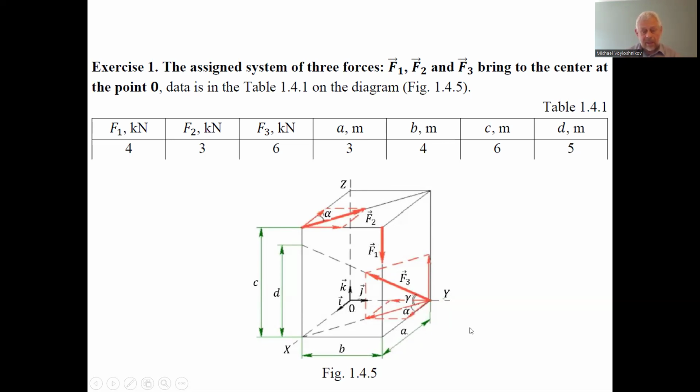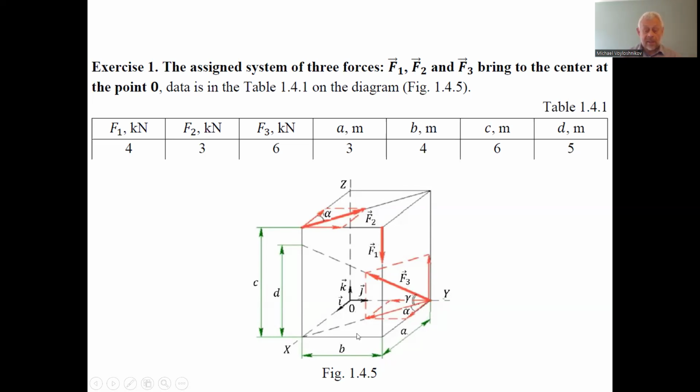Please consider that we do not use the angles themselves usually, but we use the trigonometric functions of these angles. So we use a function of the sine, a function of the cosine. The cosine alpha is a proportion of A to this diagonal.